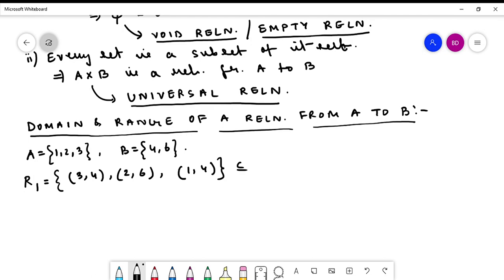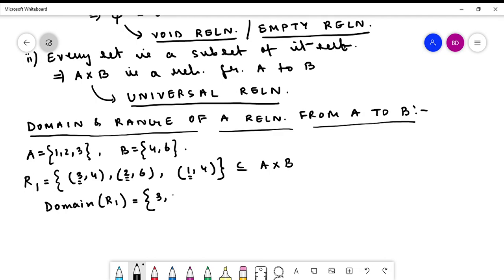So this is a subset of A cross B and hence a relation from A to B. Now I want to find out what is the domain of this relation R1. So the domain of relation R1 is a set, first of all. It is a set consisting of all the first elements of the ordered pairs present within that relation. For example, here the first elements are 3, 2, and 1.